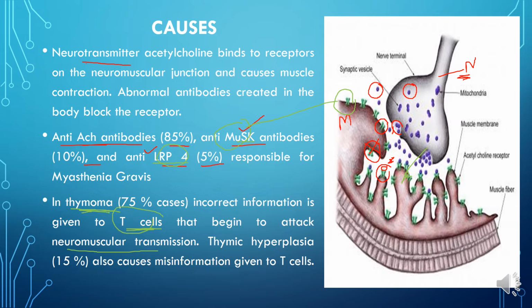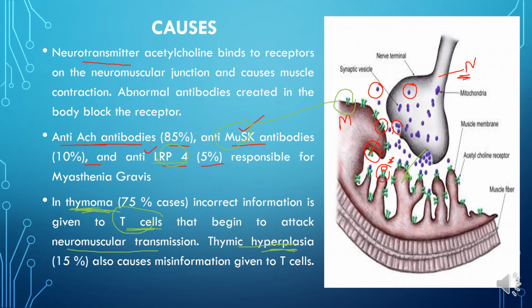So this occurs when there is cancer in the thymus or hyperplasia of the thymus gland. In either case, cancer or excessive cell division, that is hyperplasia, this disease, Myasthenia gravis, can occur.